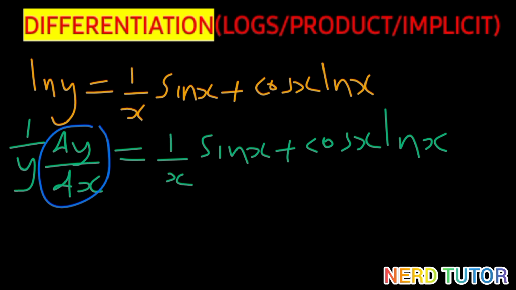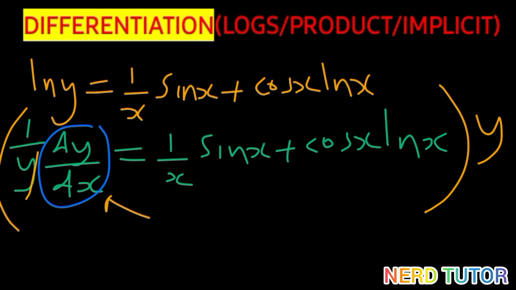So we're going to multiply this expression, this side and this side, by y, so that we get rid of this y which is here. So on the left hand side part, we're going to have dy over dx. Then the right hand side part is going to be multiplied by the value of y.